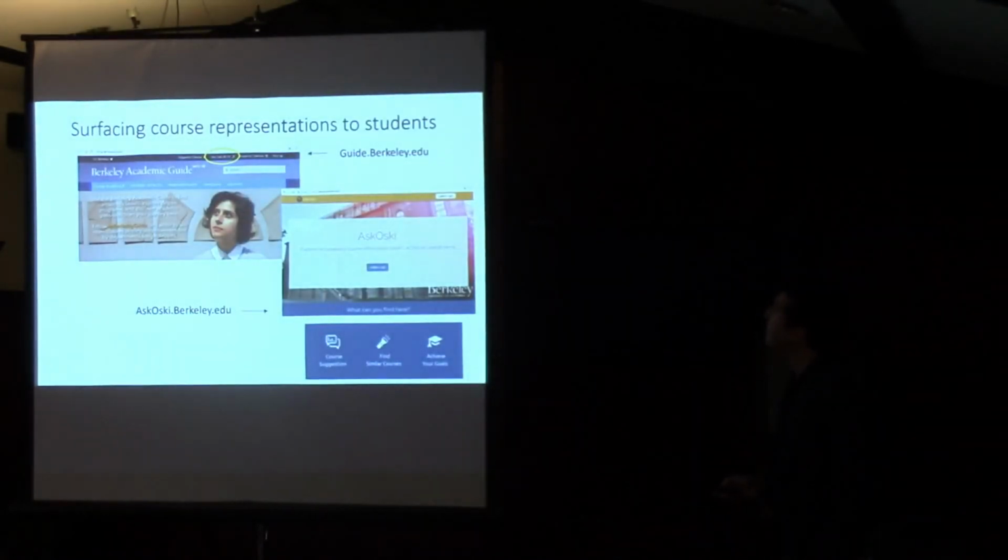All right. So I said that part of what the lab does is now generate user experiences. So how do we surface some of these representations to students? We shouldn't have a monopoly on these pieces of information and inferences. So we created something called Ask OSCE out of an NSF grant. It's linked to by Berkeley's official registrar page.